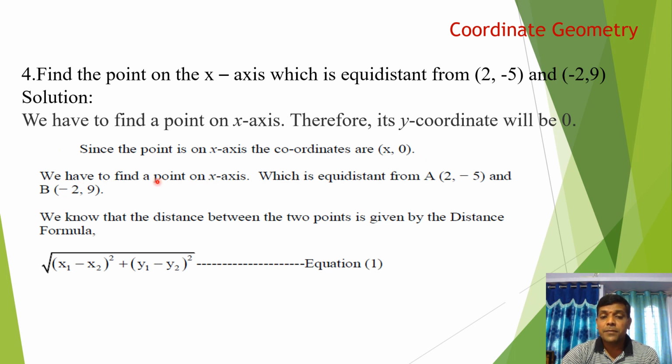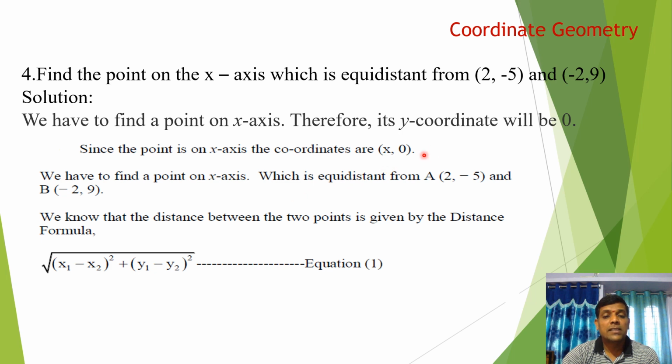We have to find a point on the x-axis which is equidistant from A (2, -5) and B (-2, 9). So we have to find the distance between (x, 0) and A (2, -5), and another distance between (x, 0) and B (-2, 9).